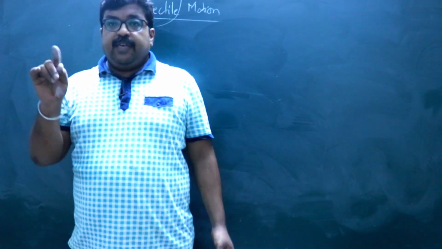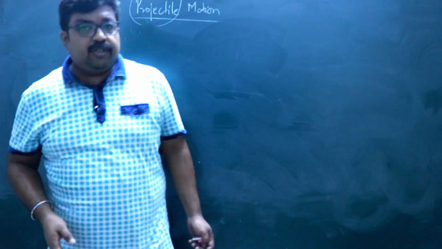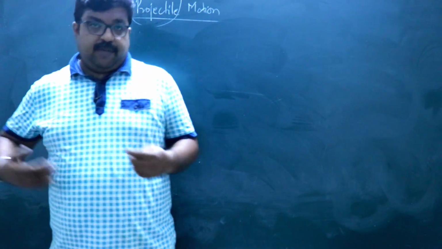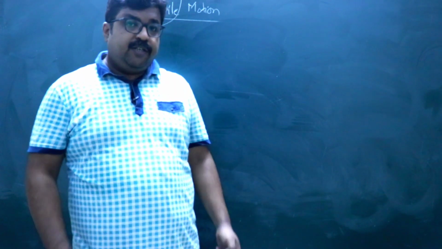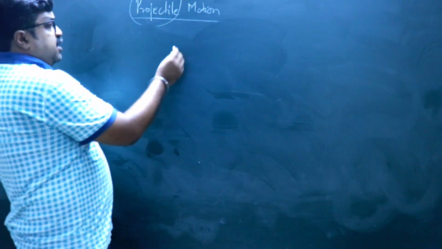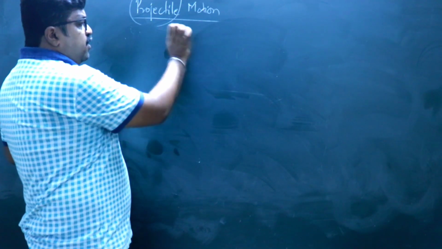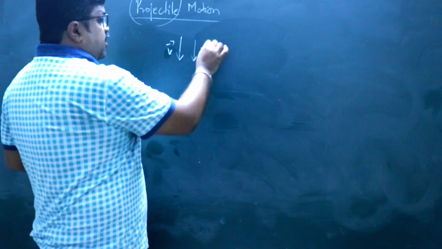See, the sign of acceleration doesn't say anything about whether the object is accelerating or decelerating. Okay, then how to find when we will have acceleration and when we will have retardation? So the main concept is, suppose this is the direction of velocity and this is also the direction of acceleration.